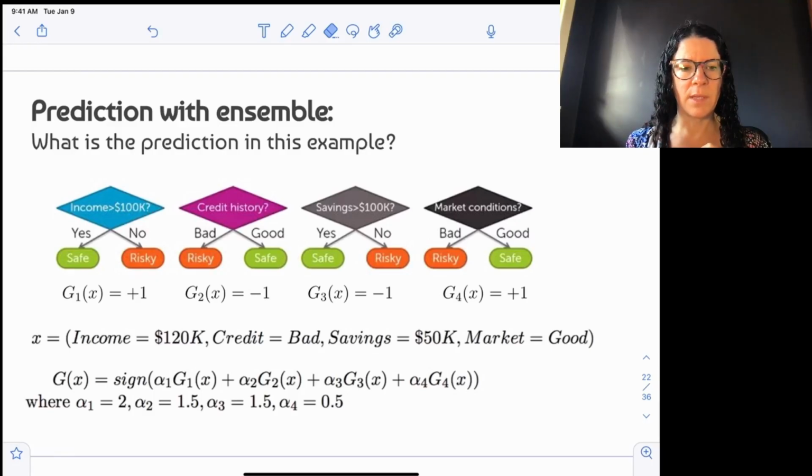Then alpha 1, alpha 2, alpha 3, alpha 4 are how much weight we give to each of these trees. My question is, what would be the prediction that this algorithm will give to this particular observation? Stop the video and try to understand how we do predictions here.